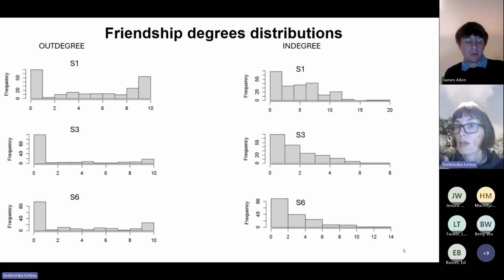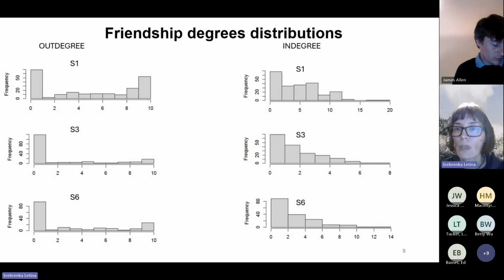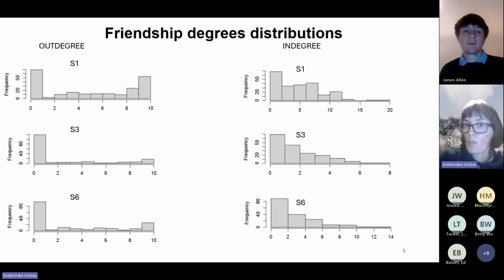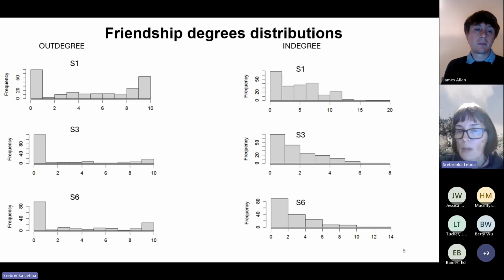You can be nominated by everyone, in theory. And you can see here something that you will see a lot in network research, that some individuals do have a high number of in-degree nominations, because they are very popular. So that's something that you will always expect in network research.